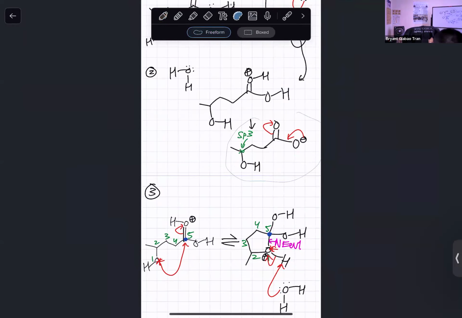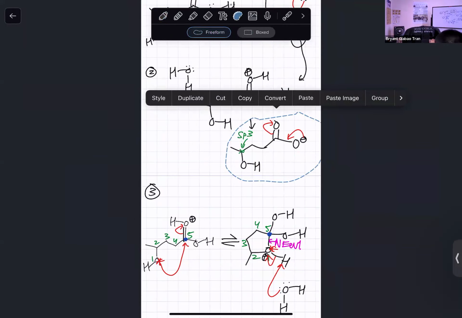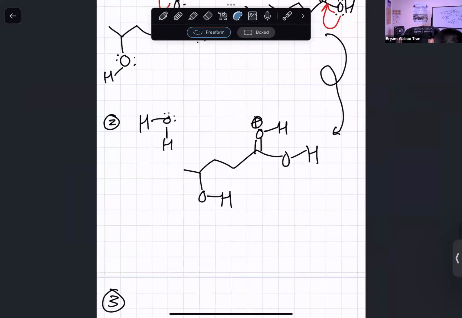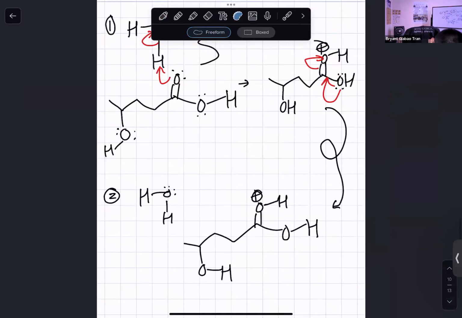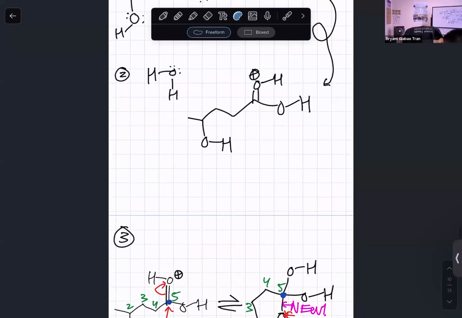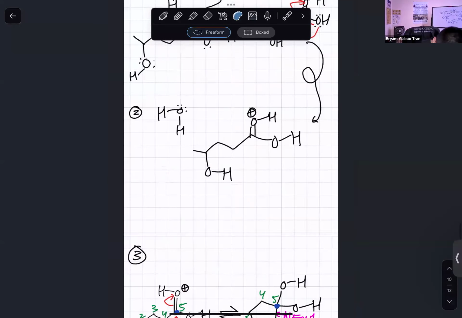Here, do this thing right here. Oh, resonance. Resonance. I see that double-headed arrow. Okay, they wanted you to draw resonance here.